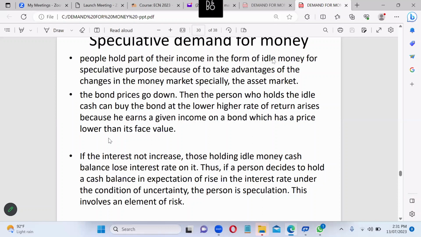Simply said, today, 13/7/2023, the interest is 15%. In the coming month, after 1 month, the interest rate is going to rise. Now it is 15%; after 1 month, the interest rate increases to 20% or 25%.